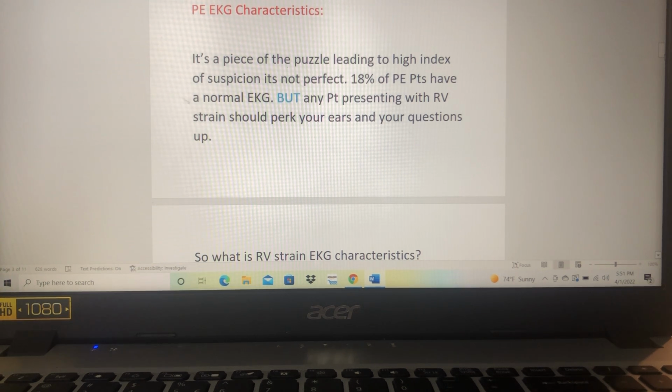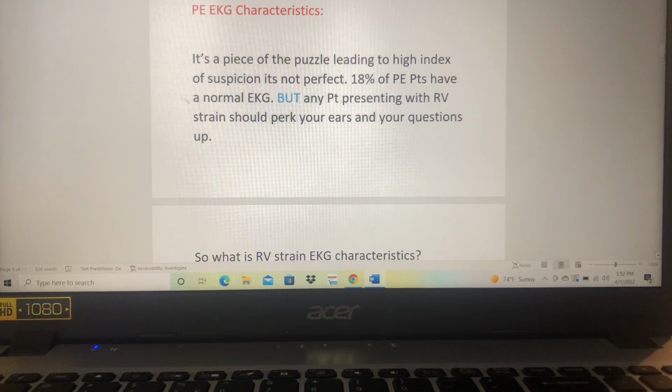Unfortunately, there's not a 100% specific, everybody with a PE is going to have this happening. In fact, 18% of PEs have a normal EKG. However, any patient presenting with signs of a right ventricular strain on their EKG should definitely perk up your ears and your questions.